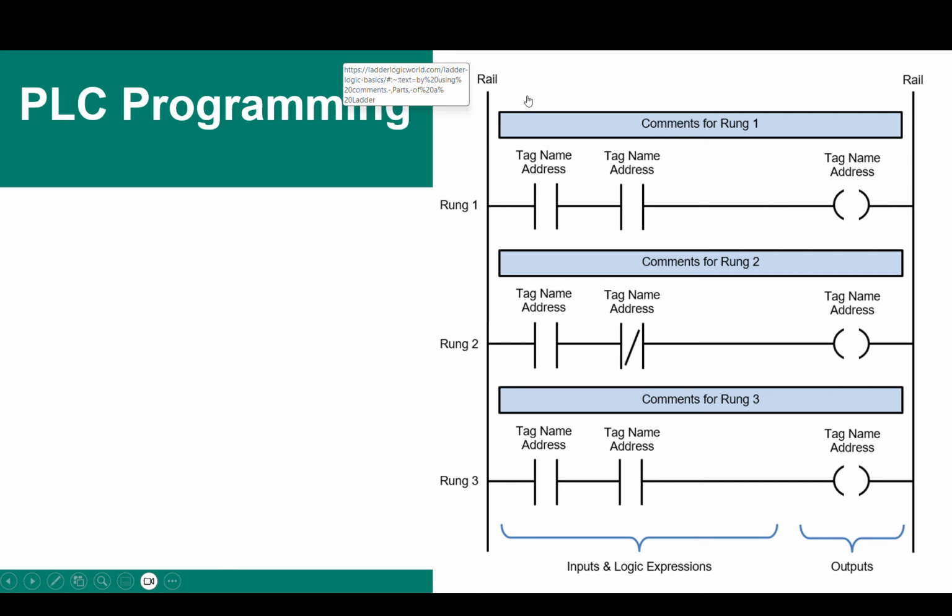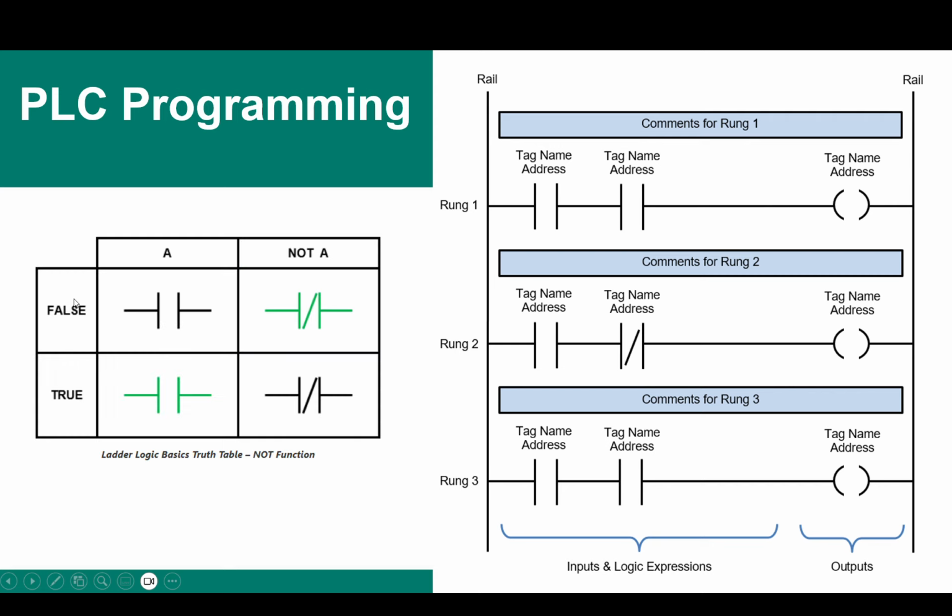So with this said, there is one different symbol than what we discussed in our last slide, this one. The default opposite of this, which is normally open, is this symbol, which is normally closed. So for example, by default this is false, meaning normally open condition, but the opposite of this condition is this symbol, which is true.